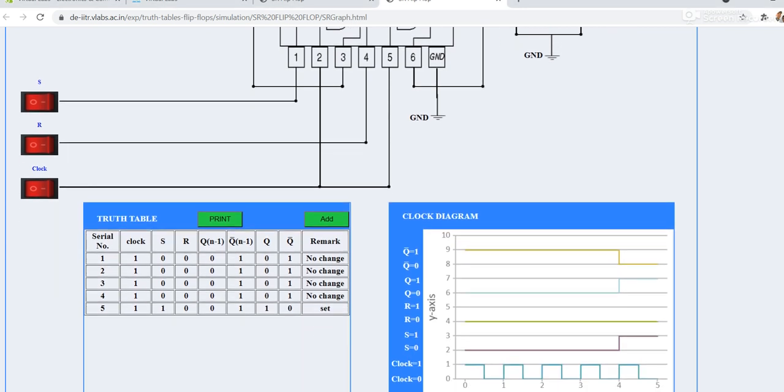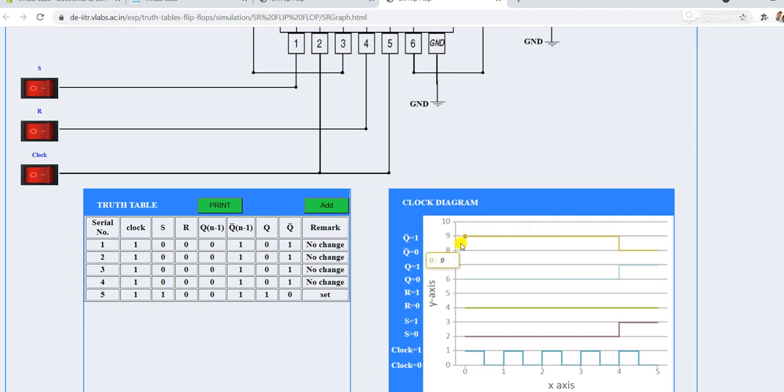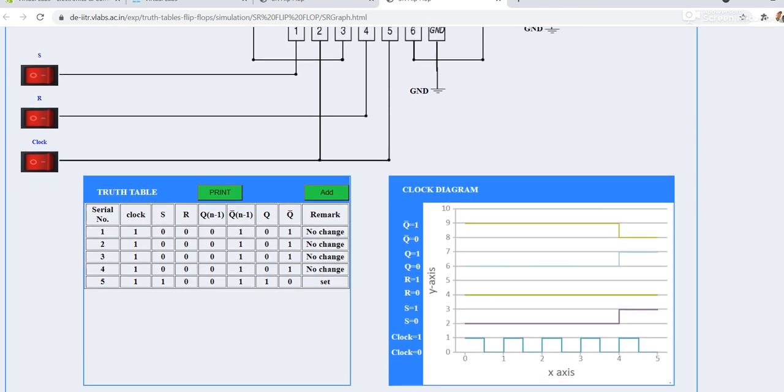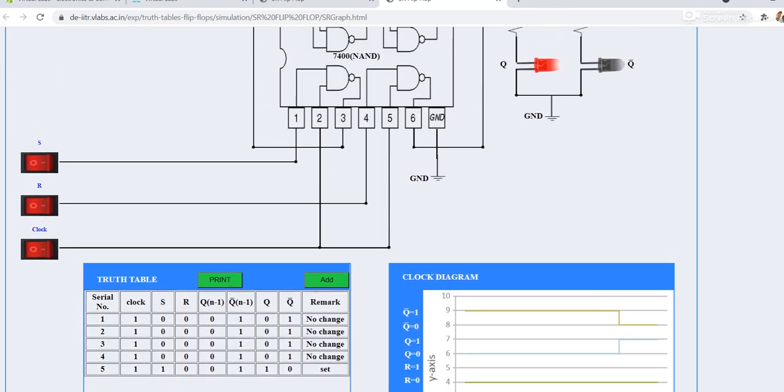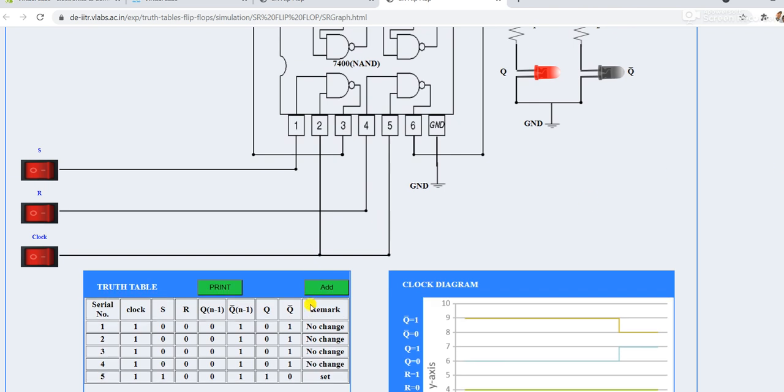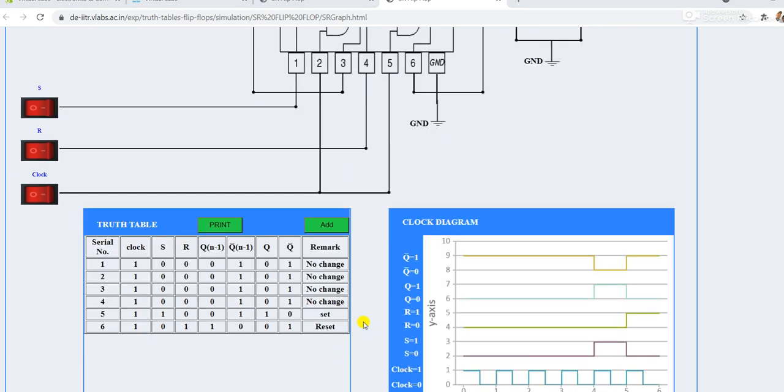On the right hand side you can see the visualization or the waveform representation of these different inputs. Now the next input combination is S equal to 0 and R equal to 1. In this row, S equal to 0, R equal to 1, the clock value is 1.